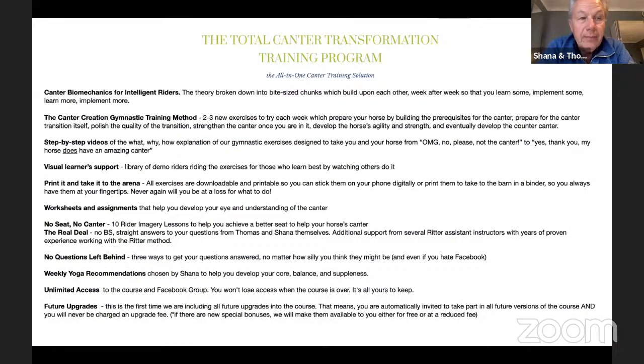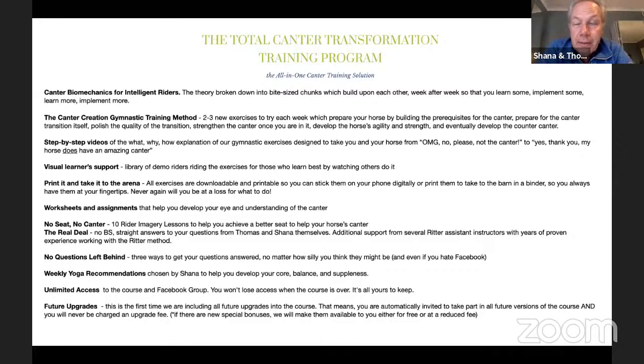So, Canter Biomechanics for Intelligent Riders. We break the theory down into bite-sized chunks that build on each other every week. So you learn some, implement some, learn more, implement more. It's small pieces, but it all adds up and builds on each other.